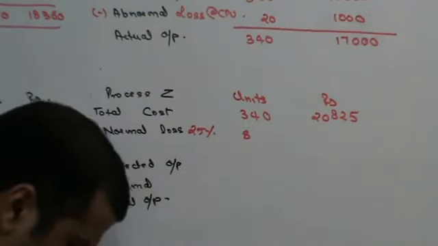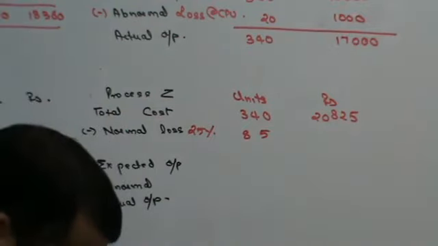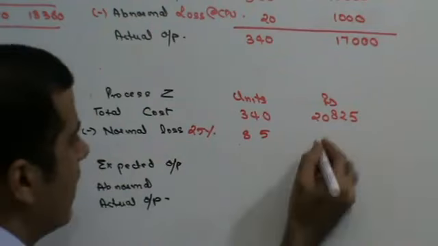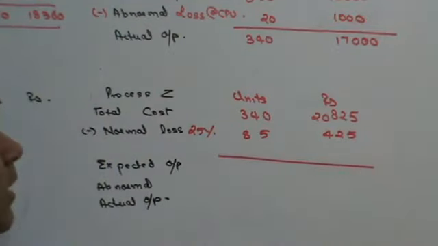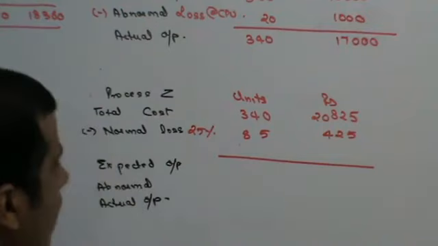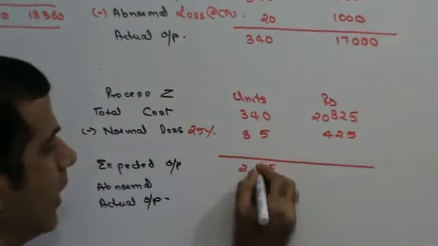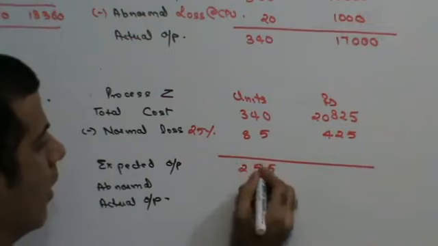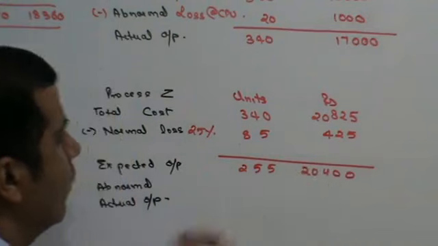This is going to be 85, right? Now, the value of the scrap is given to you as 5 rupees. 85 into 5, that's 425, right? Expected output therefore is going to be 255, right? This is 20,400.